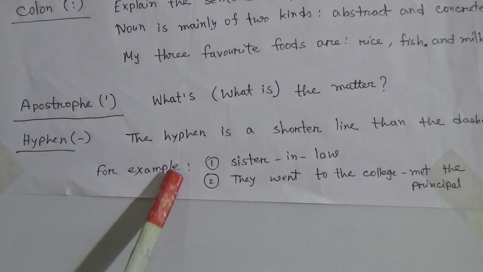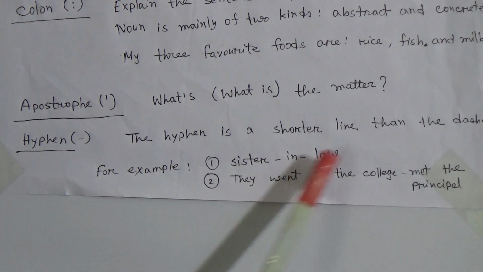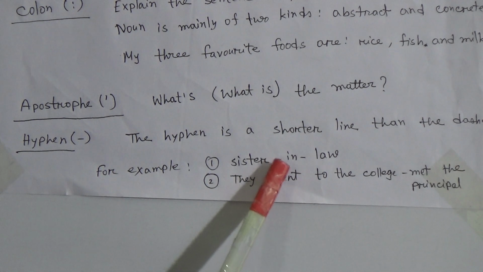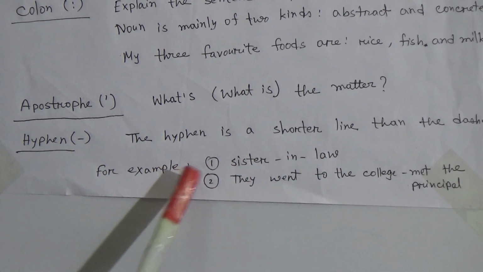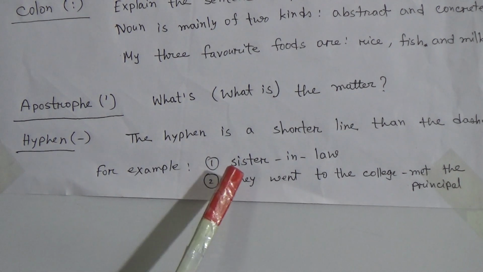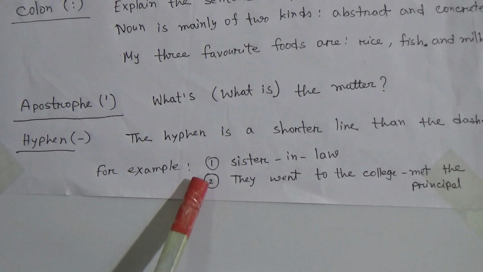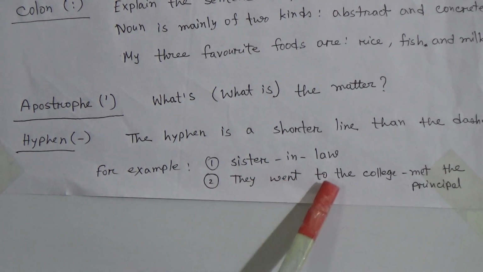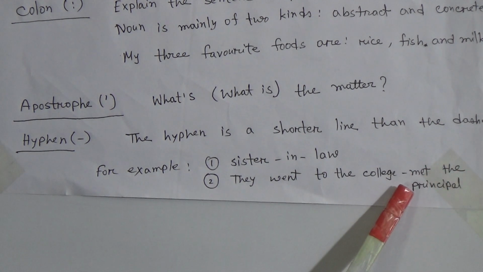For example, to make a compound word like sister-in-law. Here I have used a hyphen. Then, to carry a word on from one line to another, at that time too we can use a hyphen. For example, "They went to the college-met the principal."